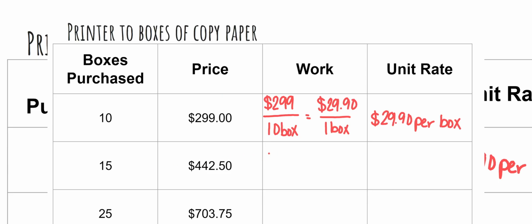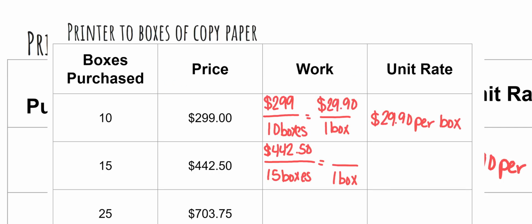All right, so now I have my ratio of $442.50 to 15 boxes. I guess I could add the es, huh? And I want to figure out how much one box costs.